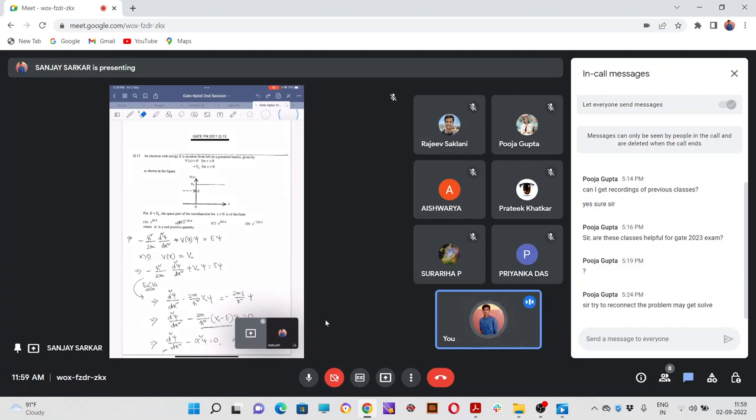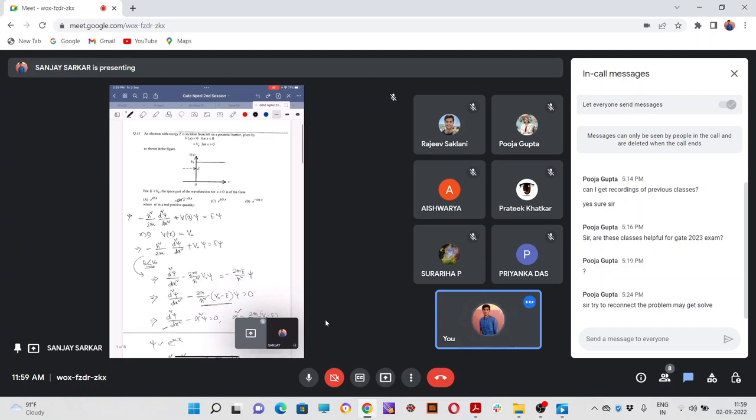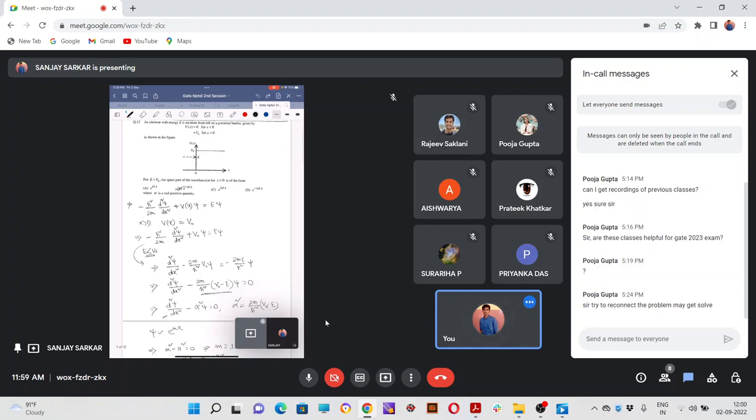So we'll need to solve the Schrodinger equation to find out the wave function, and we are only asked to find the wave function for x greater than 0. So for x greater than 0, we can see that V(x) equals V0. We'll put this value of V(x) in the Schrodinger equation. That is what I have done in the solution, that V(x) equals V0.